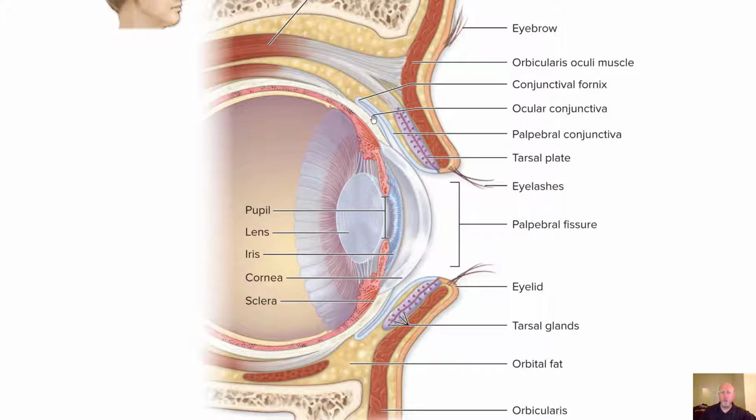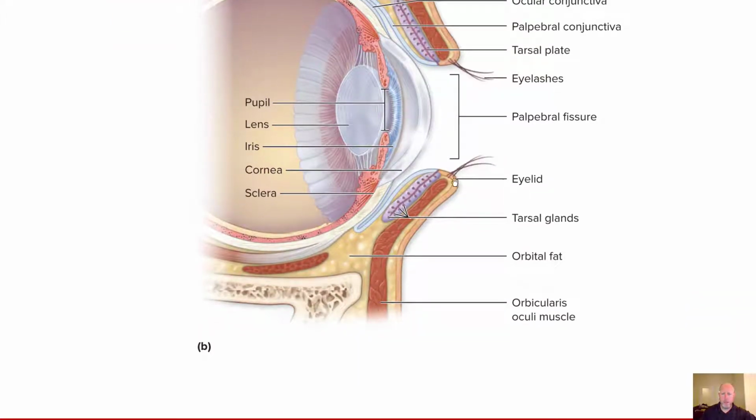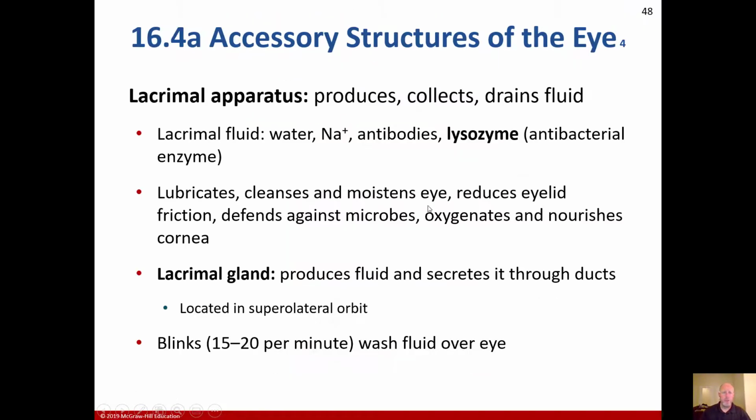Conjunctival fornix here, and the conjunctival fornix, and the ocular conjunctiva, the palpebral conjunctiva, the tarsal plate, the eyelashes, our palpebral fissure, where we have, of course, our pupil here, the lens, our iris out here, our cornea, and our sclera, okay? And eyelid, tarsal glands, orbital fat, and orbicularis oculi muscle, okay? You definitely will need to know that.